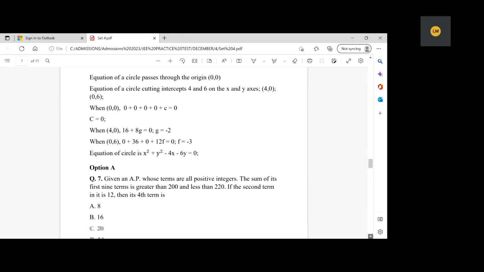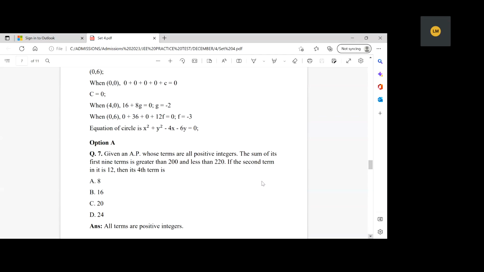Now, this is the next question. This is also a very simple question. Given an AP whose terms are all positive integers, the sum of its first 9 terms is greater than 200 and less than 220. If the second term in it is 12, then what is the fourth term?